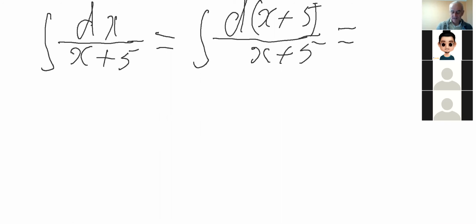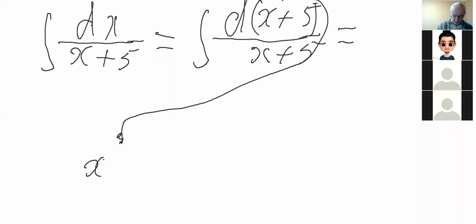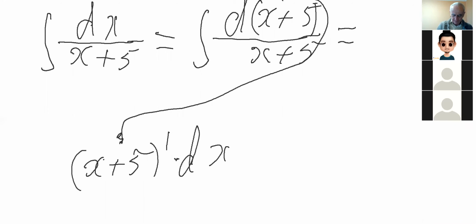Let's check. What is d(x plus 5)? It is going to be the derivative of x plus 5 times dx. And what is the derivative of x plus 5?